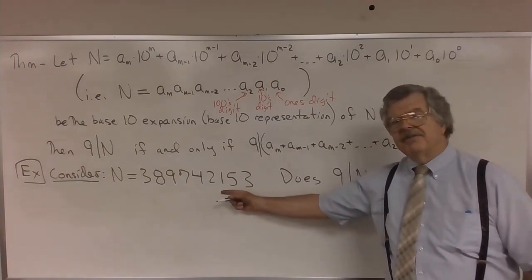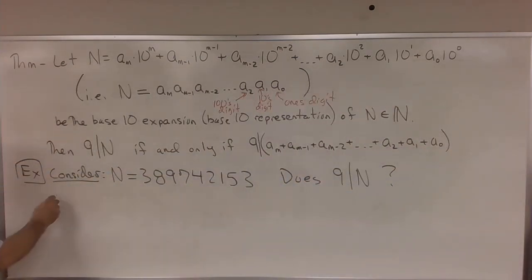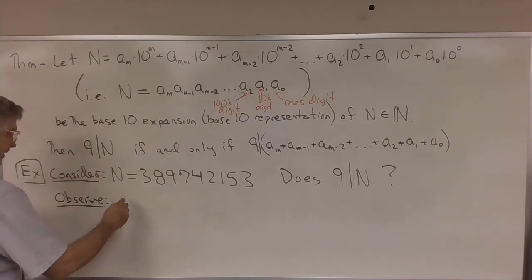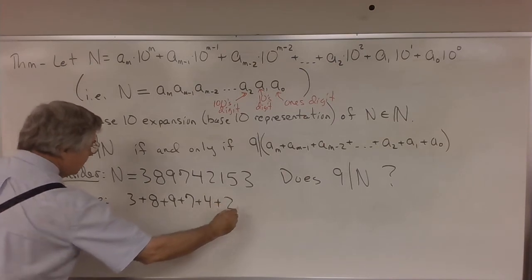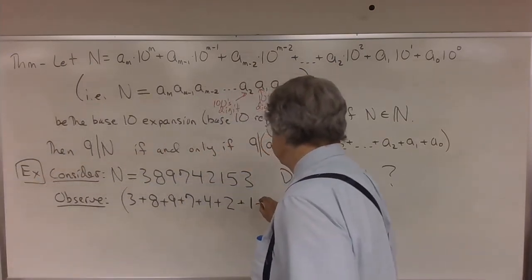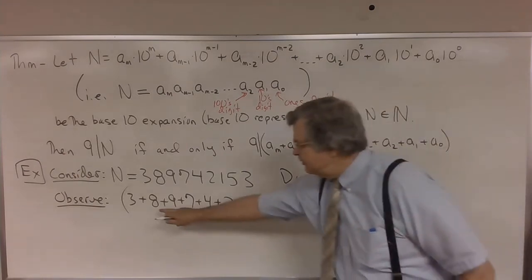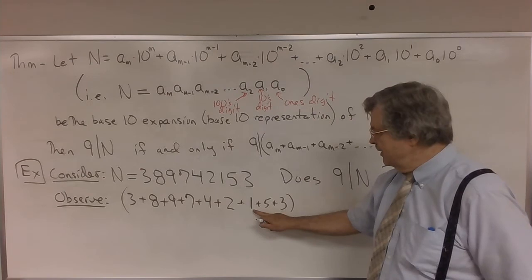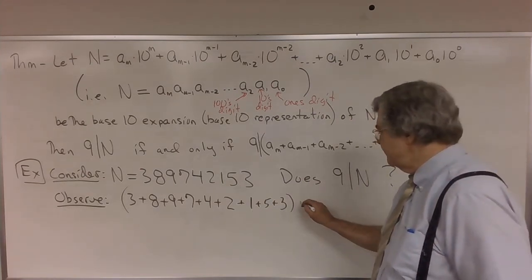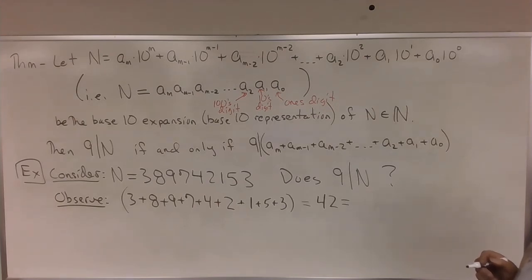And if 9 divides the sum of these digits, then that means that 9 is a divisor of N. See, 3 plus 8 is 11, plus 9 is 20, plus 7 is 27, 31, 33, 34, 39, 42. And let's see, does 9 divide that?